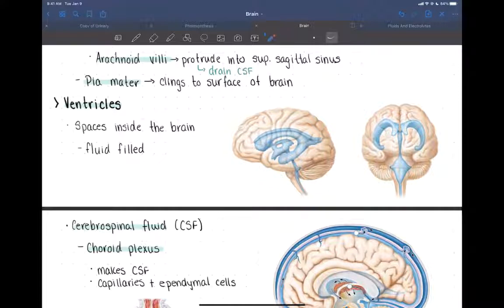So all of these spaces would be filled with fluid. When we look from the side, we have these large comma-shaped spaces. Looking from the front, there's one on the left and one on the right.